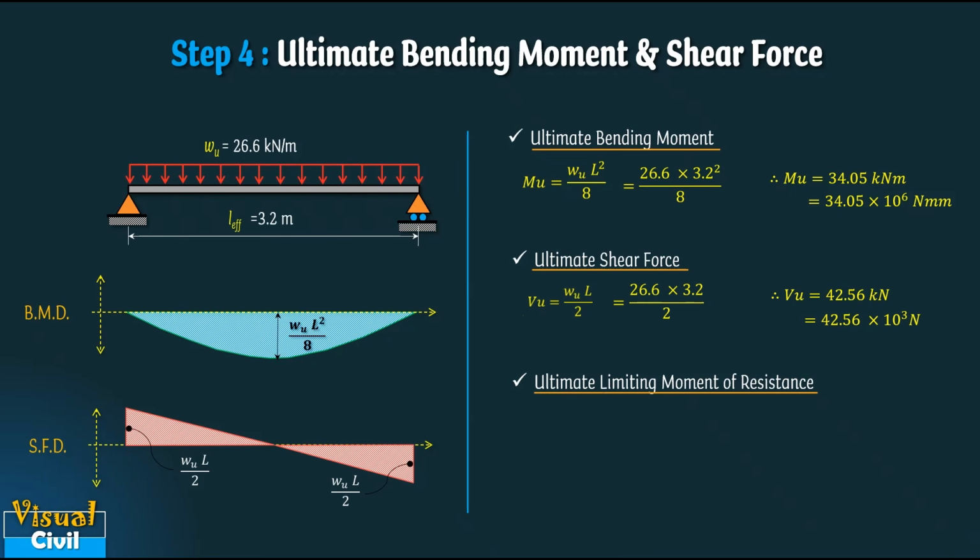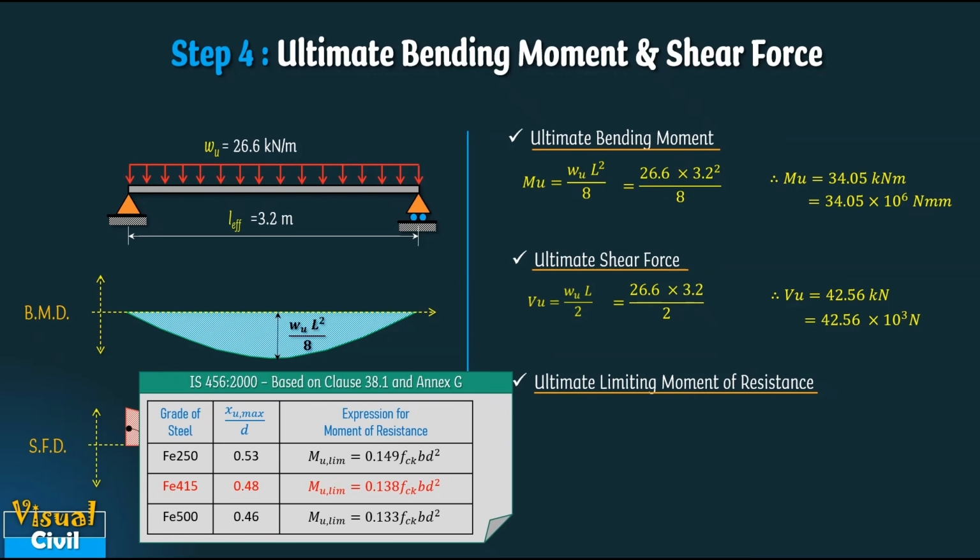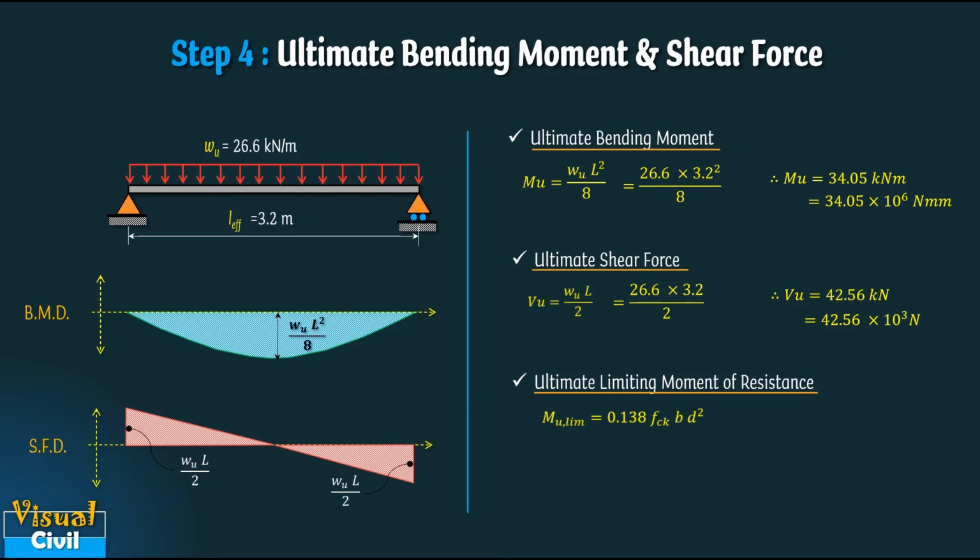Finally, to check the adequacy of the assumed cross-sectional size of the beam, compute the ultimate limiting moment of resistance. Based on clause 38.1 and Annexure G of IS 456 for Fe415 grade steel, the moment of resistance is equal to 0.138 fck bd square.